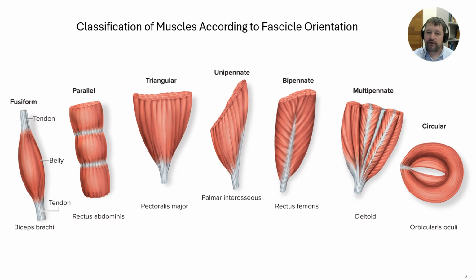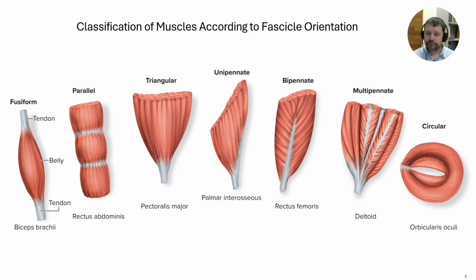Bipinnate means you have a tendon and the fibers come off both sides of the tendon. And then multipinnate, something like the deltoid, is going to have multiple tendons coming through, and it's just going to be pinnate off of that. And then there are some very specialized muscles, like the orbicularis oculi, which is circular.